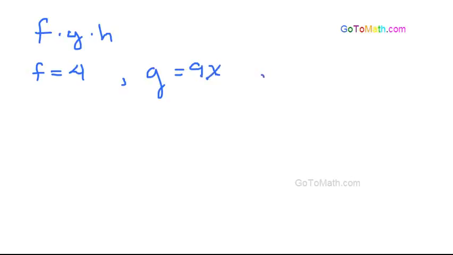Alright. So we're asked to find f times g times h. And of course f is going to be 4, g is going to be 9x, and h is equal to 8 plus 2x.